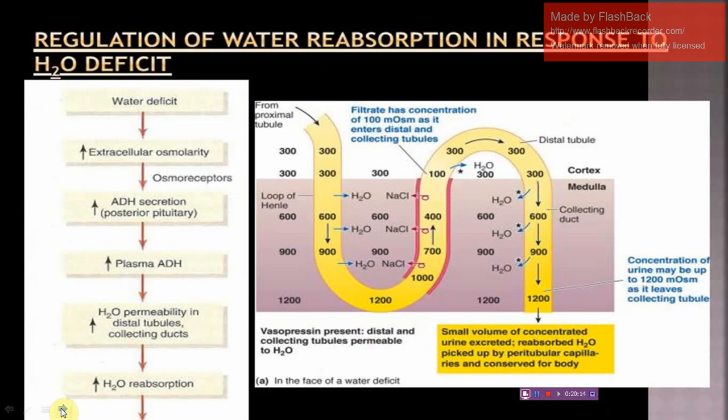Regulation of water reabsorption in response to H2O deficit. There is water deficit, increased extracellular osmolarity, osmoreceptors, increased ADH secretion from the posterior pituitary, increased plasma antidiuretic hormone, and increased water permeability in distal tubules and collecting ducts, increased water reabsorption.